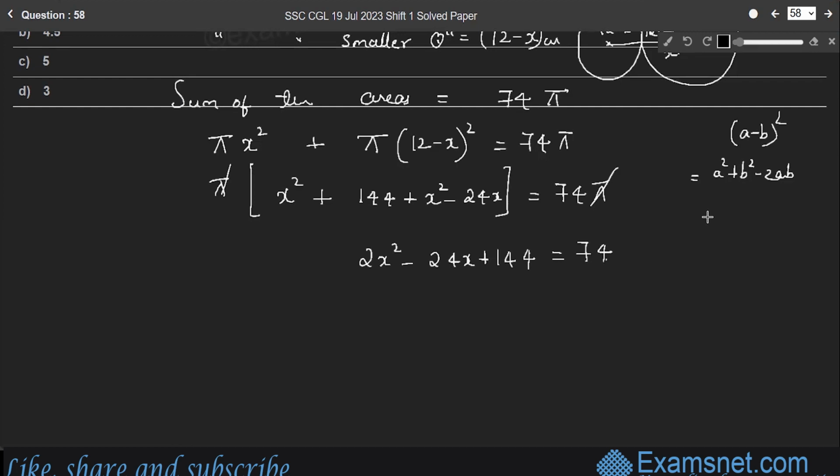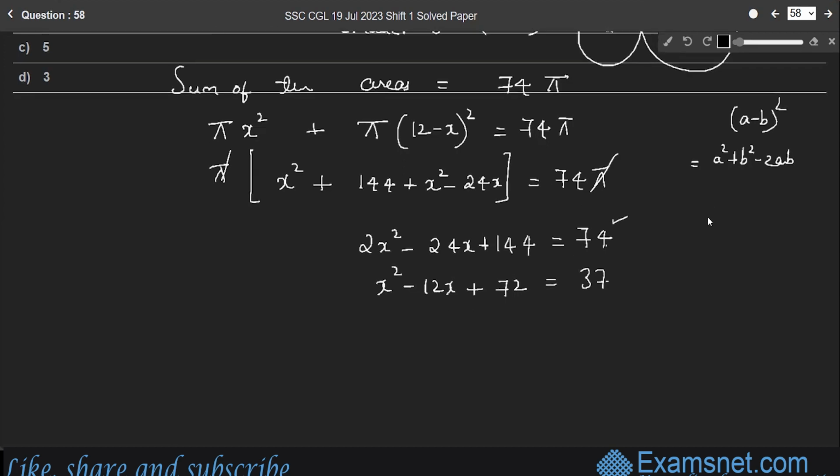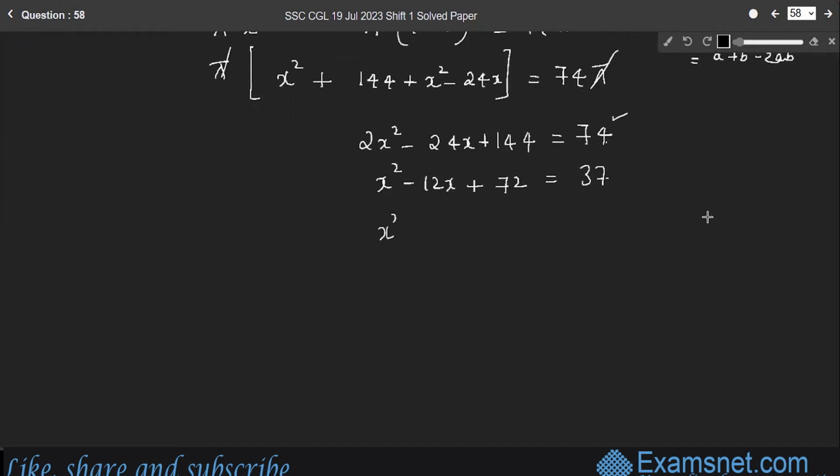So again, we can take out 2 common. So it becomes x square minus 12x plus 72 equals 74 by 2, which is 37. So still you can simplify. So make it a quadratic equation: x square minus 12x plus 72 minus 37, so it becomes plus 35 equal to 0. So we have a quadratic equation. Split the middle term, right?